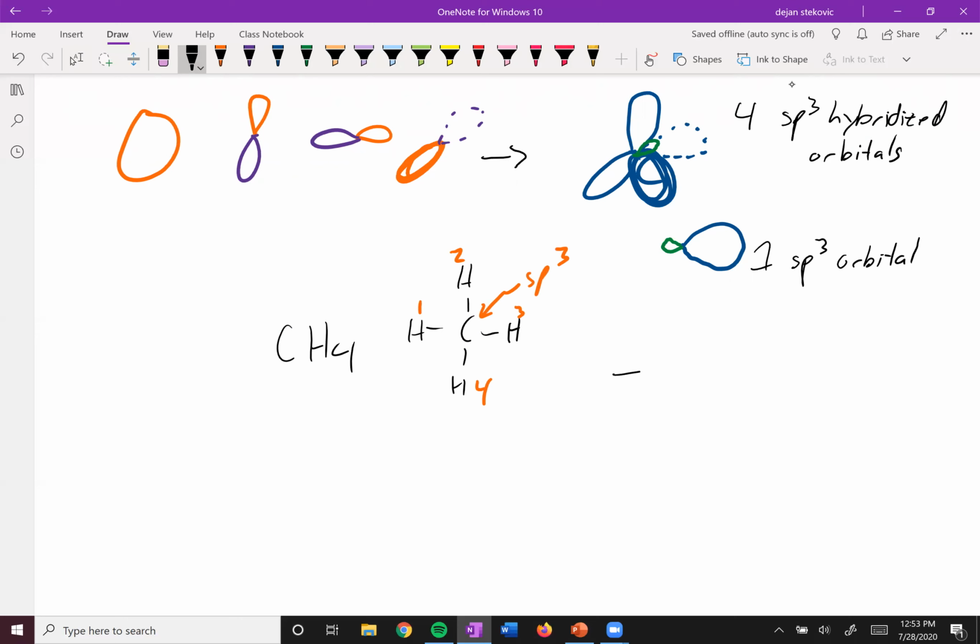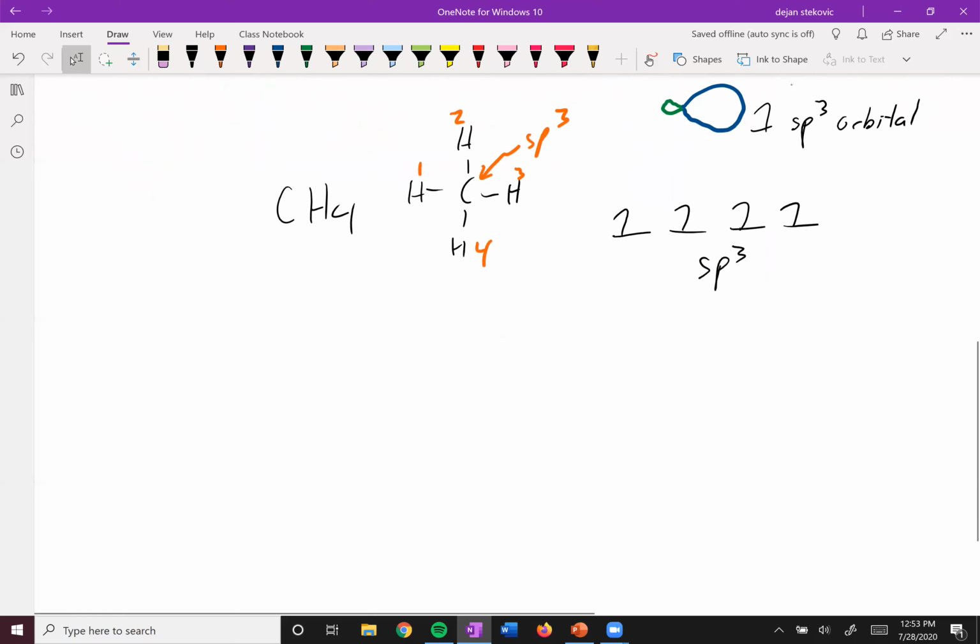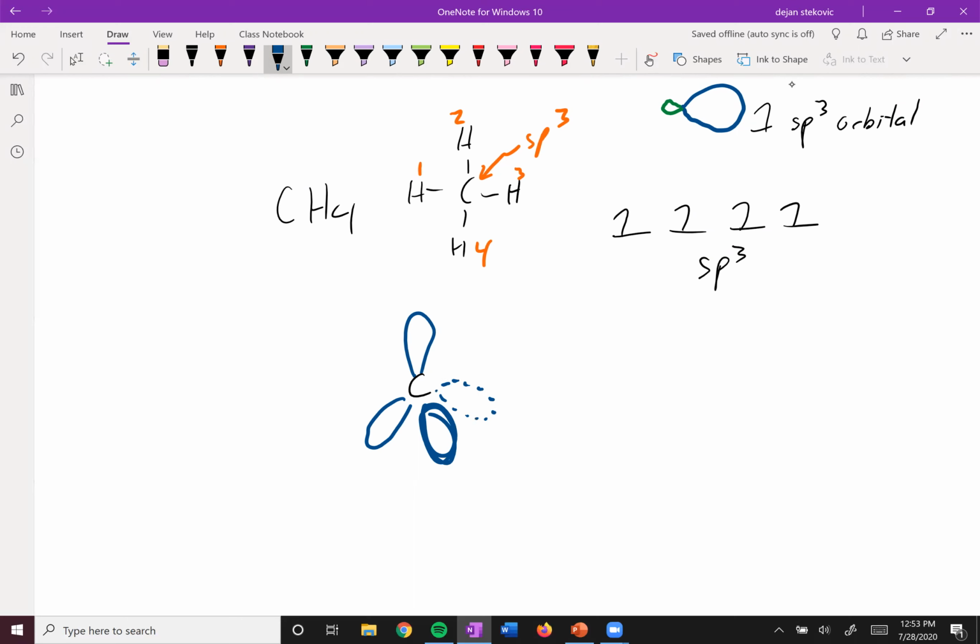Carbon has four valence electrons, so there'll be one electron in each of these four sp3 orbitals. Then we have hydrogen. Hydrogen just has its one s orbital, so it's just a sphere, and you can see that there's overlap here.